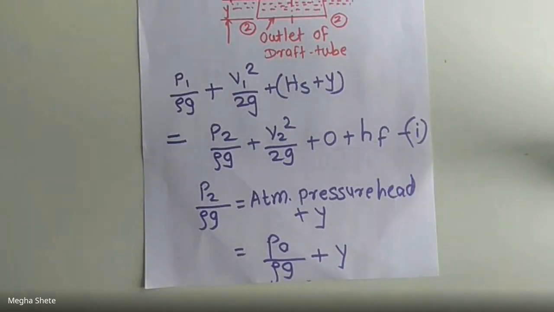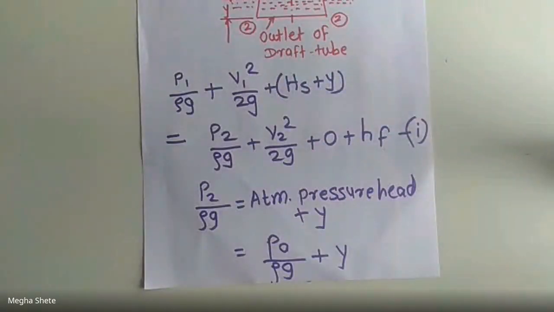Now what is this HF? HF is equal to the loss of energy between section 1-1 and 2-2.